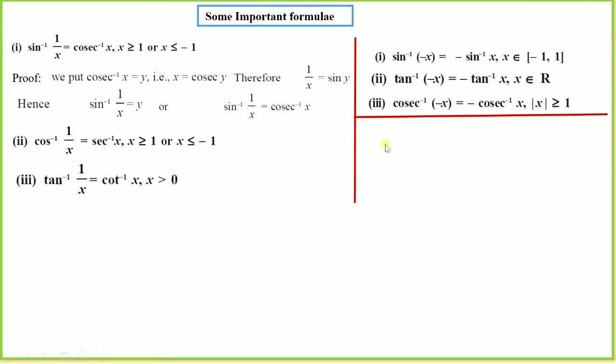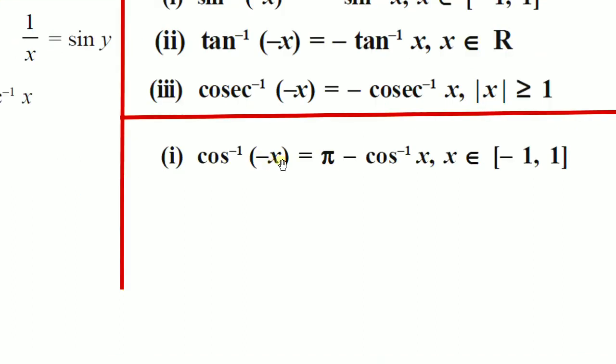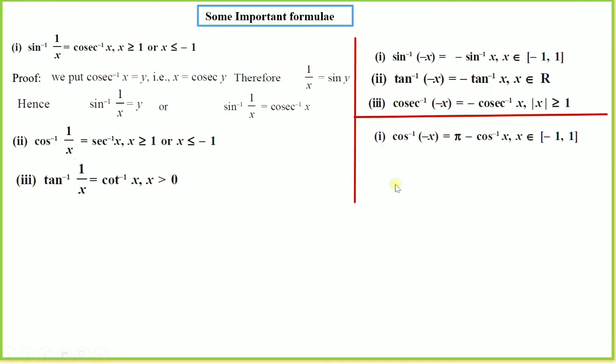The next category has cos inverse of minus theta is equal to pi minus cos inverse theta. Similarly, the other two: sec inverse of minus x is equal to pi minus sec inverse x, and cot inverse of minus theta is equal to pi minus cot inverse theta.